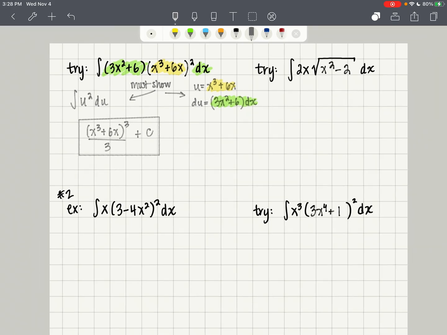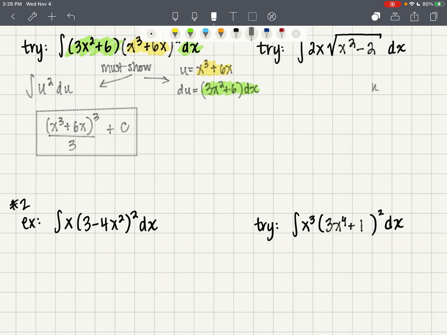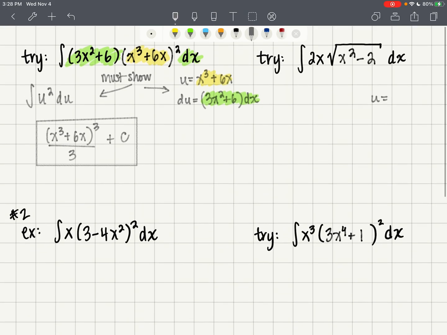Okay, the next one, again, check your work, make sure that you wrote down what u is equal to. So in this case, I'm looking at the two factors, and I have a degree 2, which when I find the derivative is going to be a degree 1. So my guess is that I'm going to have x squared minus 2 as u, and then du is going to equal 2x dx.